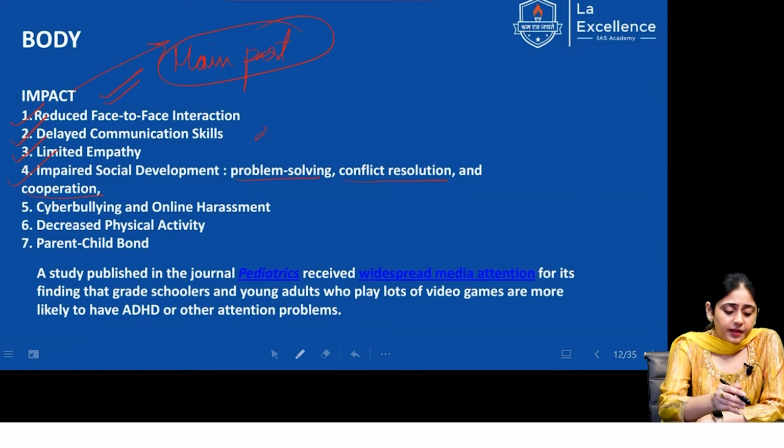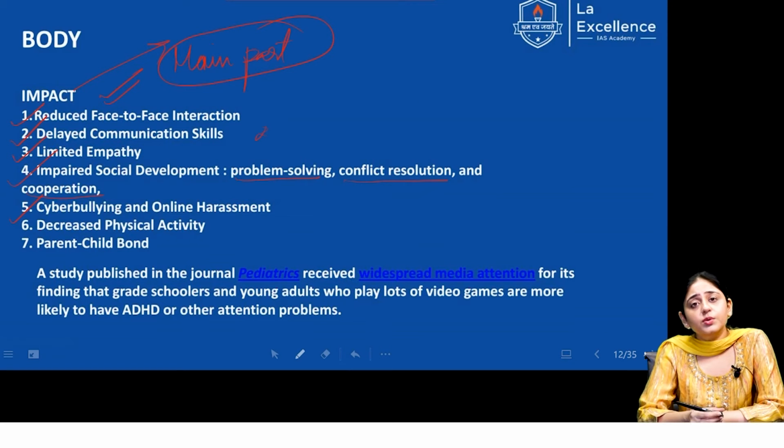So this is becoming very common, and it is a part of the social development that is lacking in these children. Then they are becoming prone to cyberbullying and online harassment. This becomes a very grave issue, because you are exposed to that online world. You do not know how to properly navigate it, so you will be a victim of online trolling, harassment, or probably in extreme cases child pornography, or somebody might bully you.